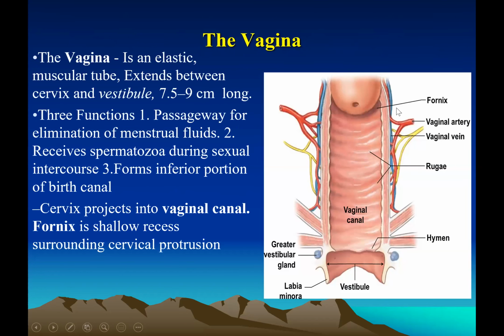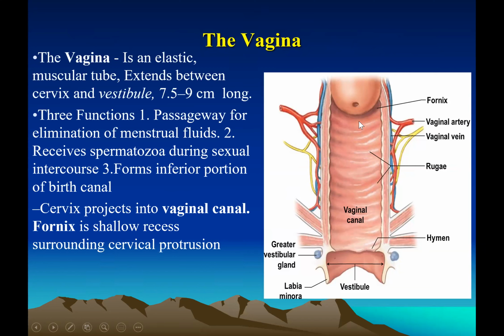The next female structure is the vaginal canal. You can see the cervix, and here's the vaginal canal. It can be 7 to 9 centimeters long. It is a muscular tube that extends from the cervix to the vestibule of your external genitalia. There are three functions for the vaginal canal.